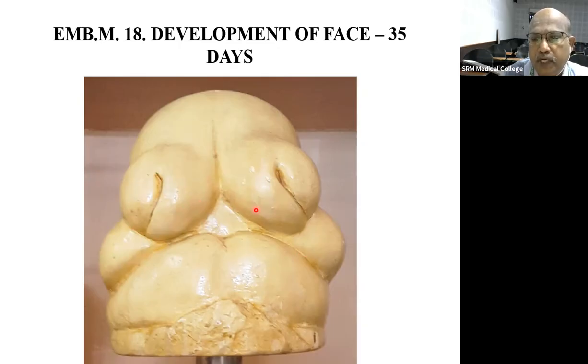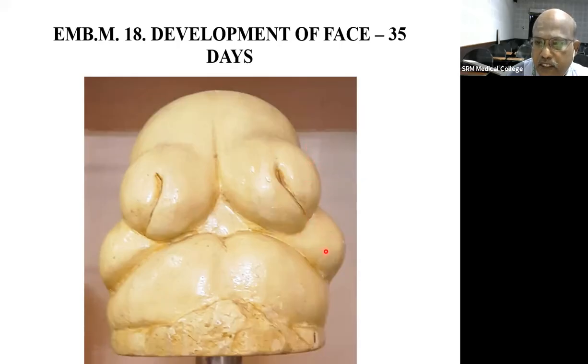The lateral part of the upper lip is formed by the fusion of the medial nasal process with the maxillary process. If there is any defect in this fusion, it leads to a cleft in the lateral part of the upper lip. Very simple. The maxillary process also fuses with the lateral nasal process. If there is any failure, it leads to an oblique facial cleft.